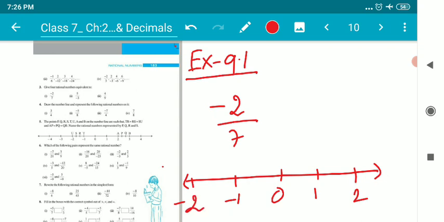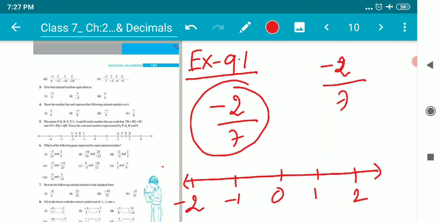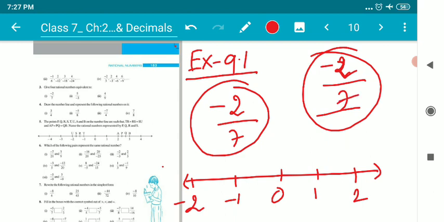Minus 2 by 7 is a negative rational number. This is a proper fraction but negative. We know that every proper fraction comes between 0 and 1. As this is a negative rational number, it will come between 0 and minus 1.